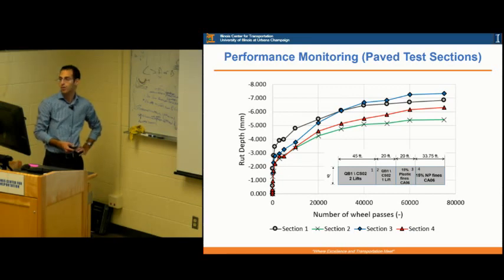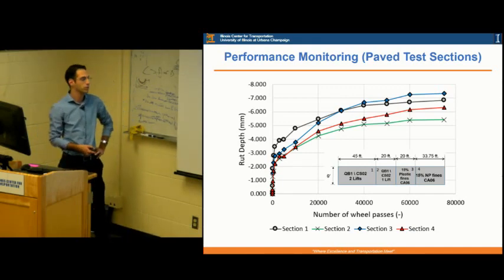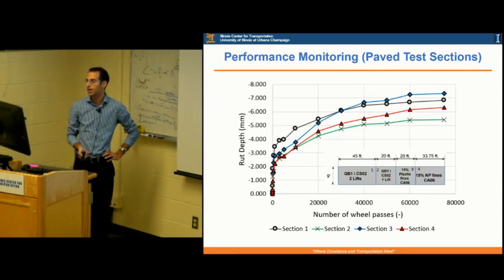We were actually hoping that with the cold weather that we had, and with the larger number of passes, we could see maybe another failure criterion, such as fatigue cracking starting to form. But up to 75,000 passes, we didn't have any cracks in the section.